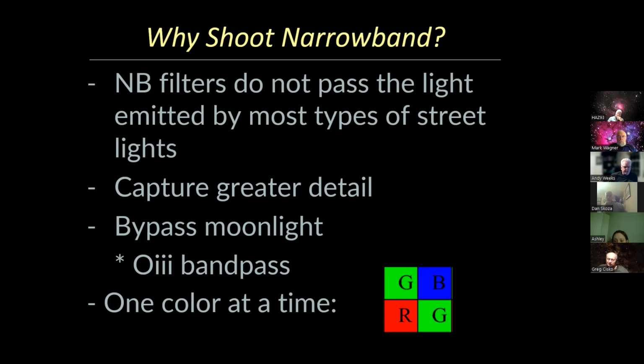I have a question. Yeah, go ahead. Is that why some people have problems with too much green? Yeah, I think so. I think so too. Okay. If I'm shooting the same object with one-shot color, it's usually about 2 to 3 hours. So it takes longer to get the colors you want out of the one-shot color.